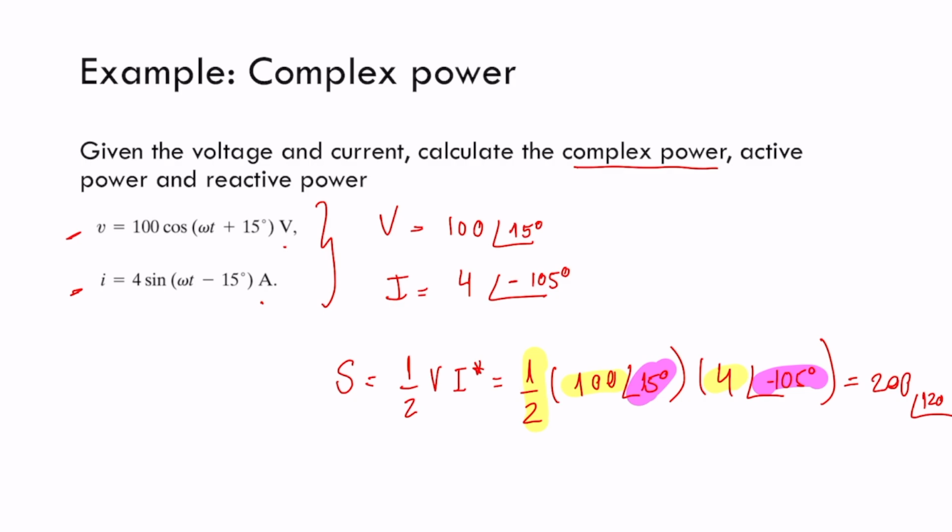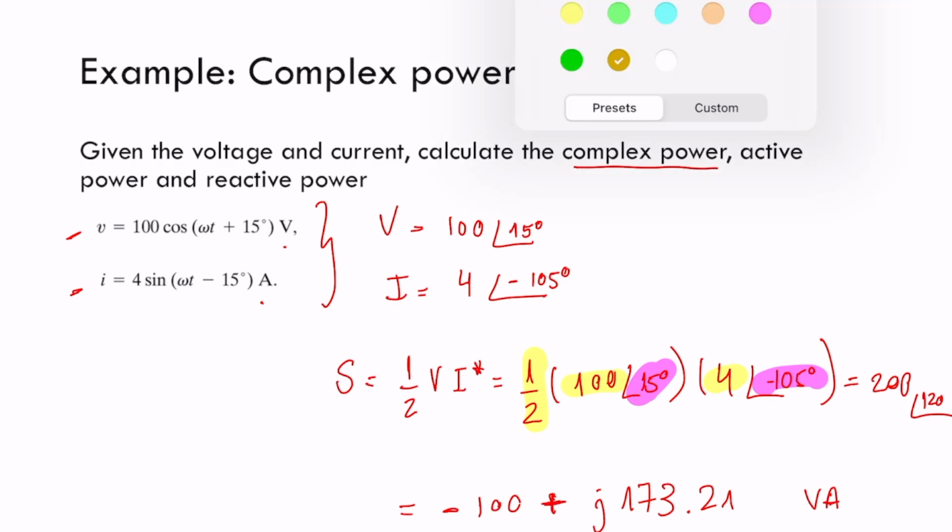This is a complex number. I can also transform this complex number from polar form into rectangular form. Using my calculator, this is minus 100 plus j 173.1, measured in volt-amperes.